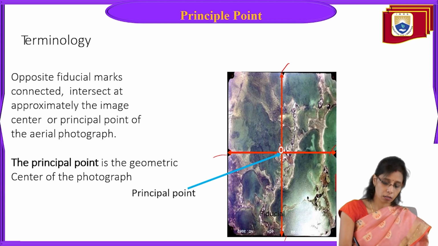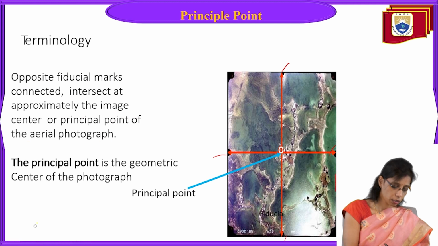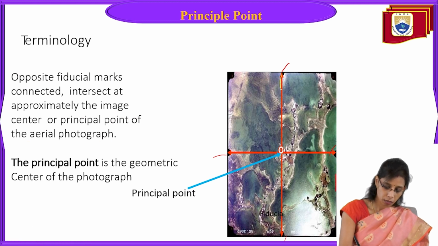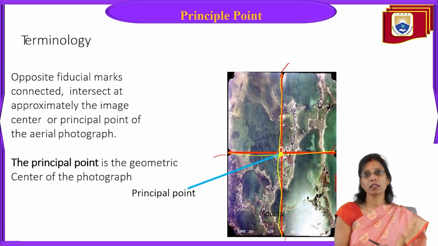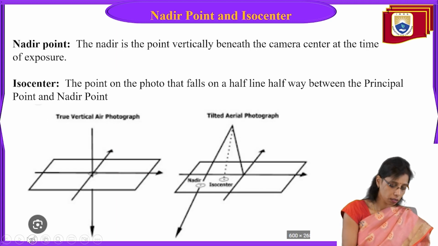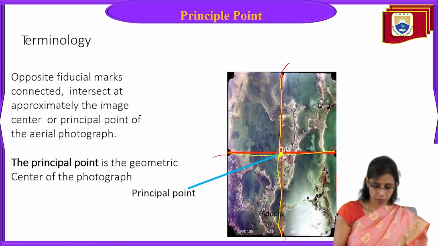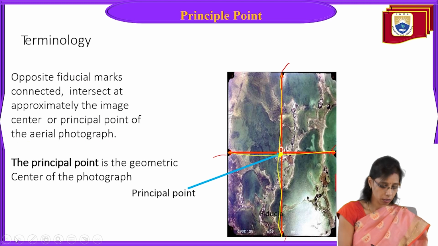If you join these 4 marks, from here to here, and from here to here, when I join these 4 marks, I get a center. This center we call the principal point.